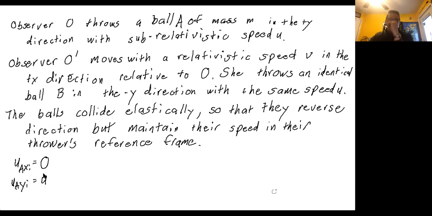And object B is moving in the x direction with a velocity v.